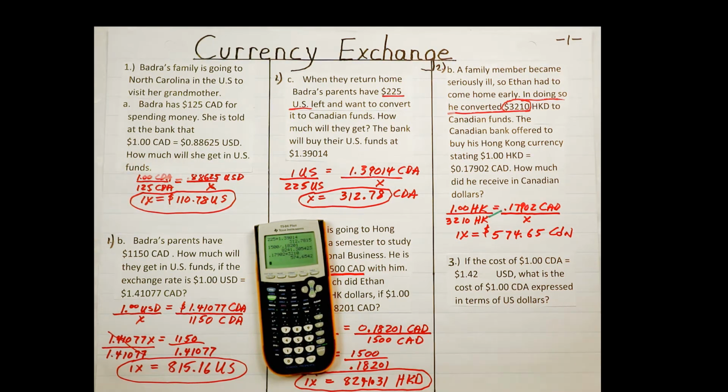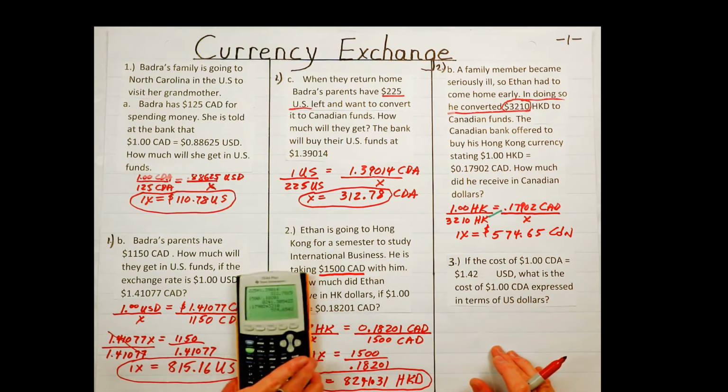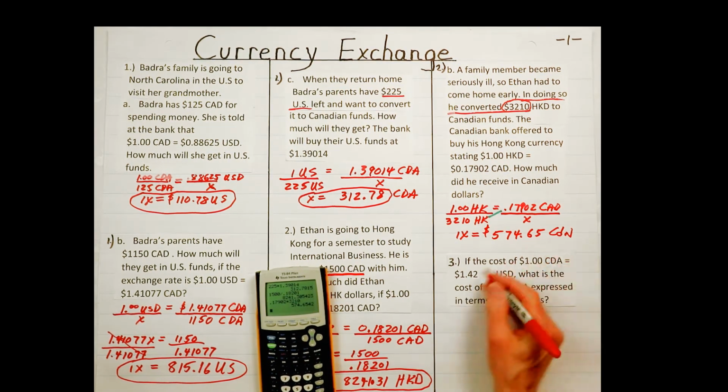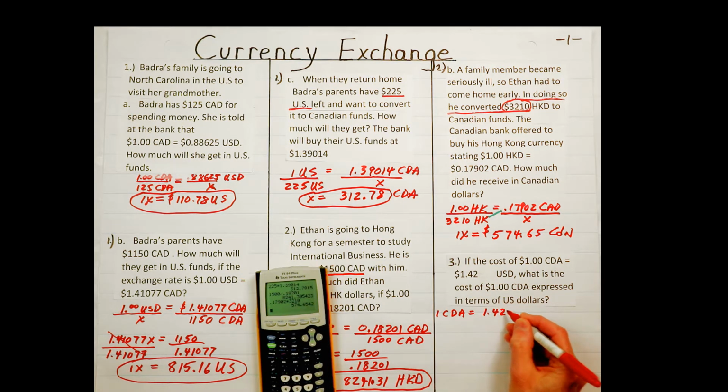Oh, this is an interesting question. This next one. So I'm not doing this by proportion because I want to explain to you that one Canadian dollar is equal to $1.42. Whoops, I wrote that backwards.